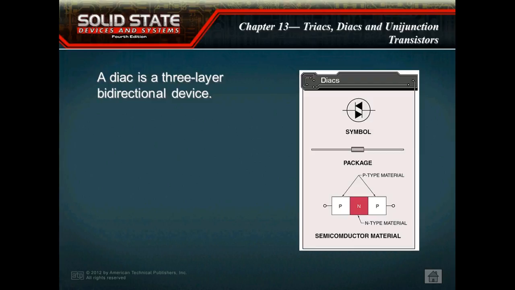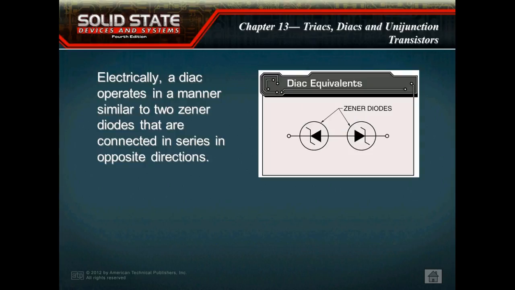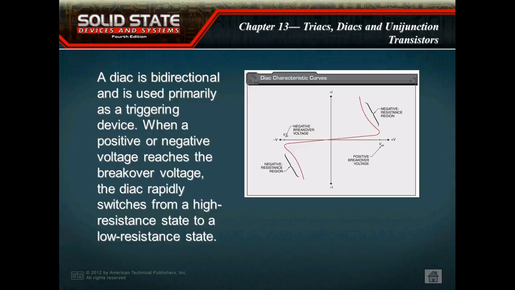In fact, it looks like an NPN transistor, right, without a gate lead. And this is not exactly true, because this is what it does. When it fires, it drops way down. If it was actually a Zener, what would it do? It would go this way, right?